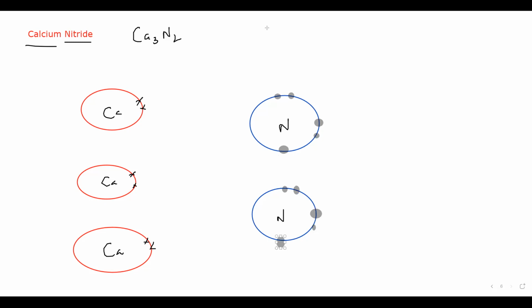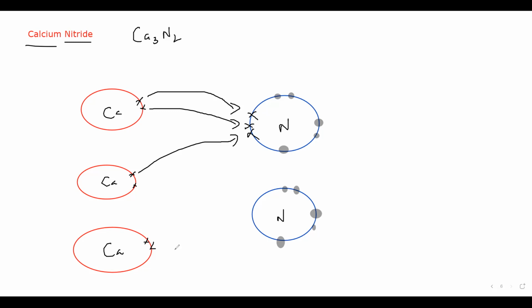Now each calcium should lose all of its electrons, and nitrogen should gain electrons to complete the octet. So 5 electrons are already there. So it will gain 1 electron, so it makes 6. It gains another electron, that makes 7. Then it will gain another electron from another calcium, so it makes 8.